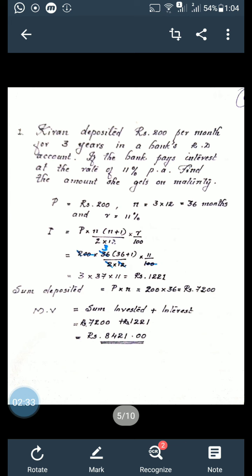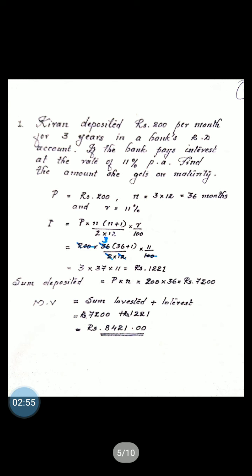Now we can find the interest on this amount. In a recurring deposit account, we have seen that I is equal to P into N into N plus 1 by 2 into 12 into R by 100. Substitute the values given. P is 200, N is 36 and R is 11. We will get 200 into 36 into 36 plus 1 by 2 into 12 into 11 by 100.